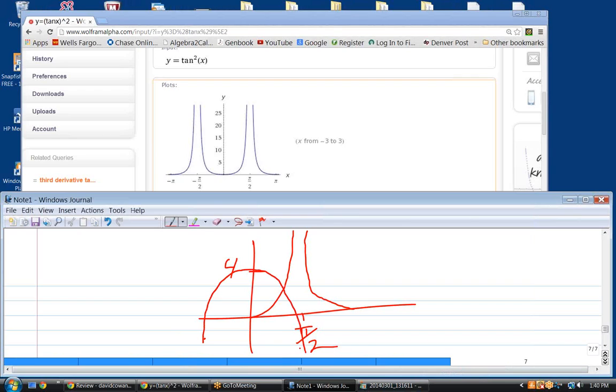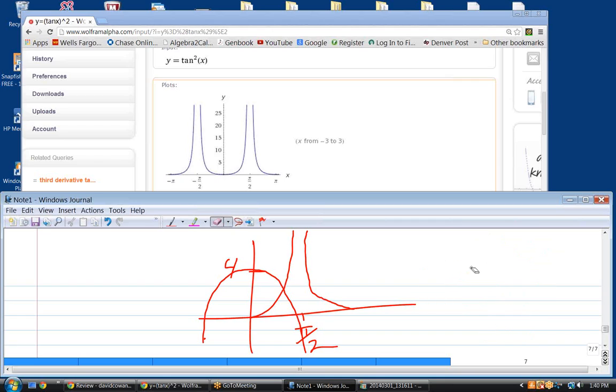You see how I graph that? In other words, y equals x squared is this. Y equals minus x squared is that. Y equals minus x squared plus 4 is the bottom one shifted up by 4.